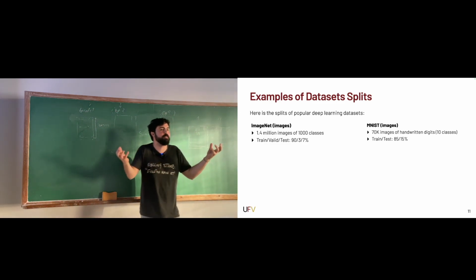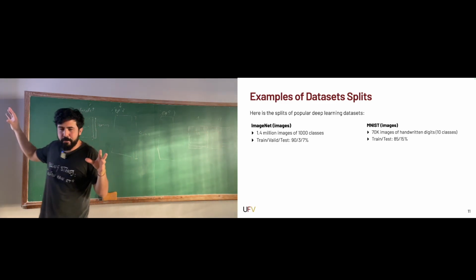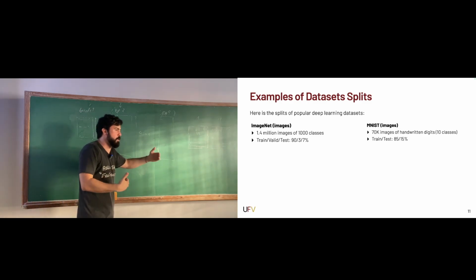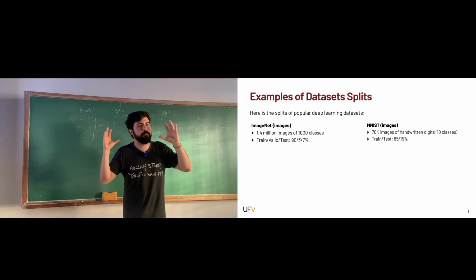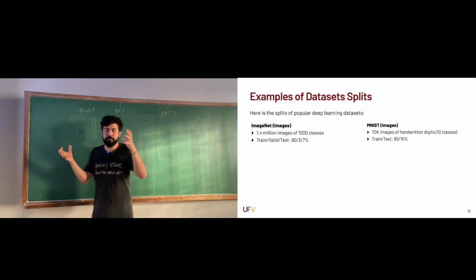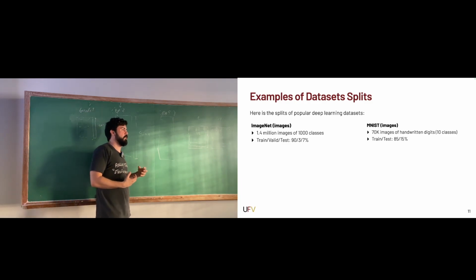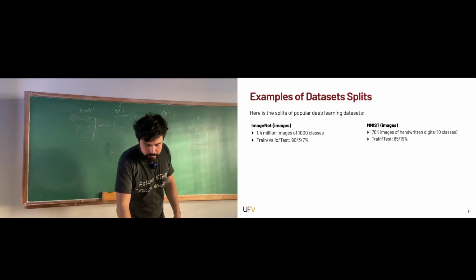Or compare two different models on the same data set. So it's very important, once you are working on a new problem, to specify that and then make it publicly available so people can have exactly the same split you used. Right? Because otherwise it's very hard to compare to your previous model.